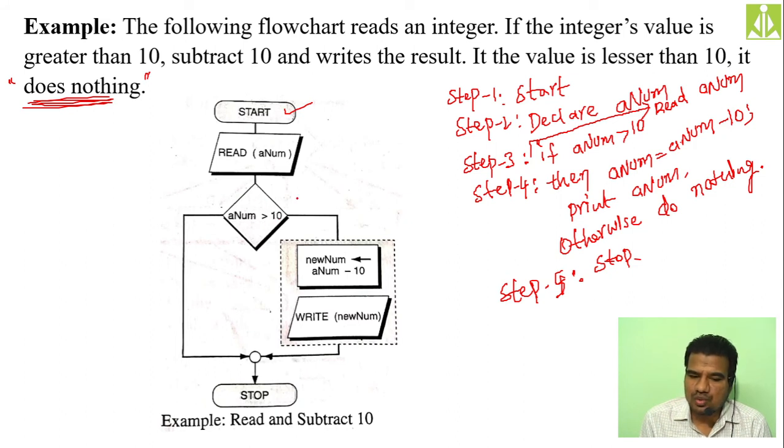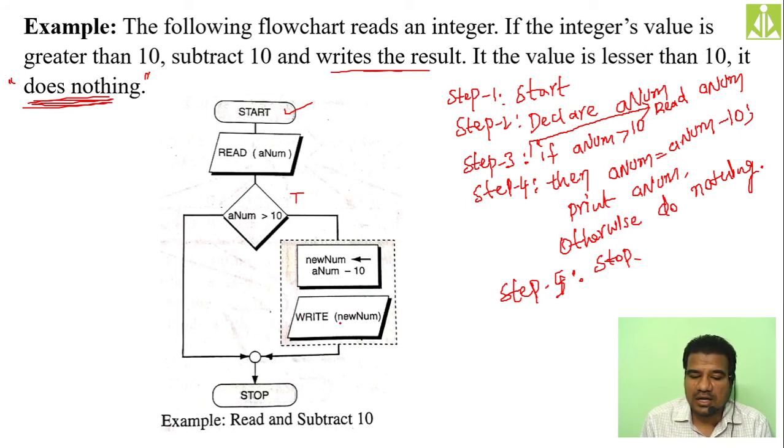If this is true, that means if a num value is greater than 10, yes, a num equals to a num minus 10. We are subtracting 10 from it. This is one statement. And after subtracting 10, again what we have to do? Write the result. So we are writing the result.